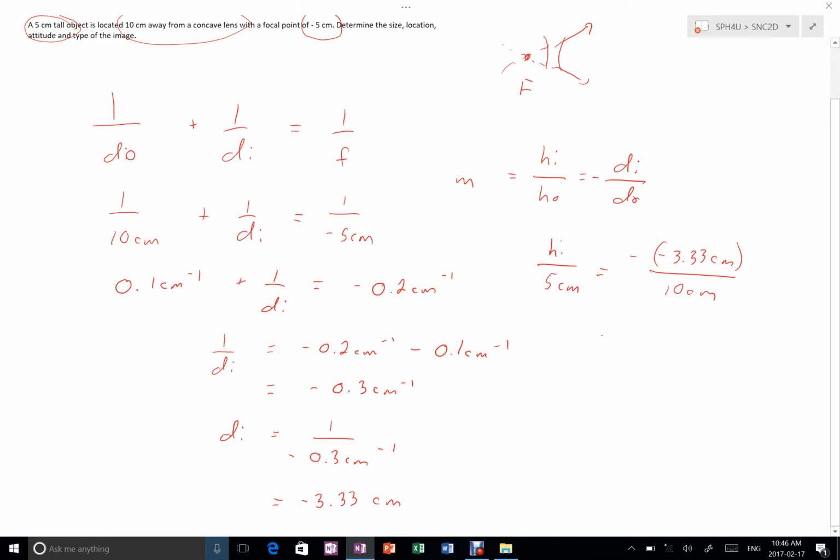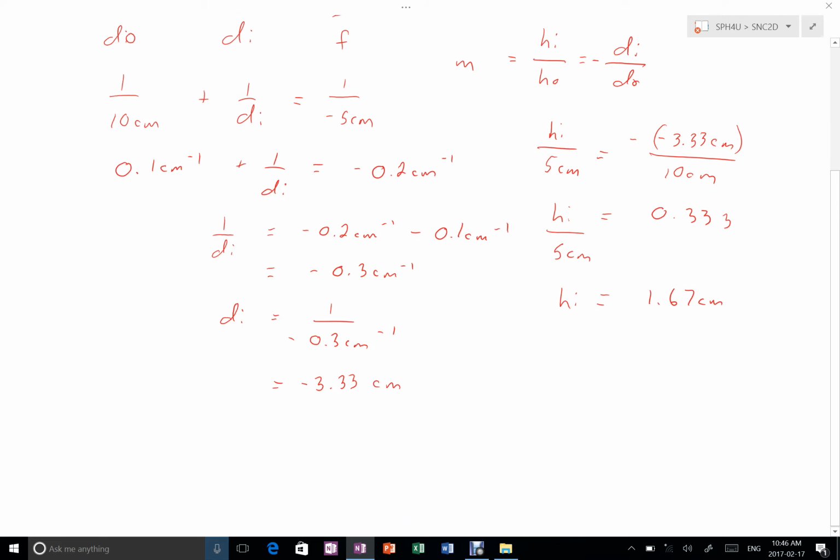I'm going to make it 0.333 of its original size, or essentially a third of its original size, which means my new image is going to be, let's say, 1.67 centimeters tall in comparison to the 5 that it was originally. So my size is 1.67 centimeters tall.